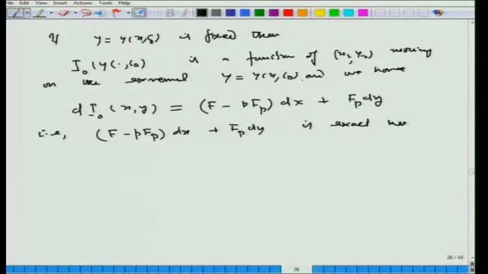Hence, the integral from x1 to x2 on any curve gamma of (f minus p f_p) dx plus f_p dy is path independent.